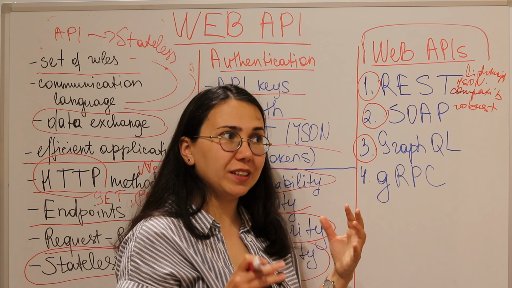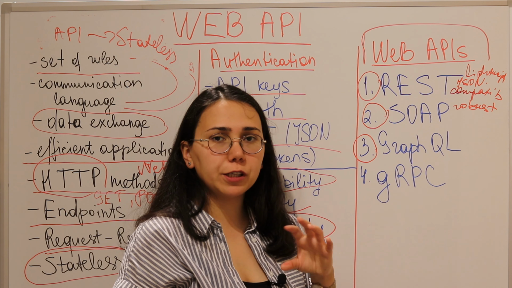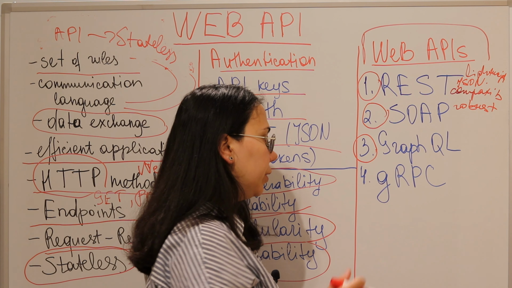It's used in big data analytics, because in big data analytics you might need one specific small piece of data, and it might be hard, and the GraphQL web API framework can help you fetch the exact information that you need. gRPC is a newer API framework that is just emerging.